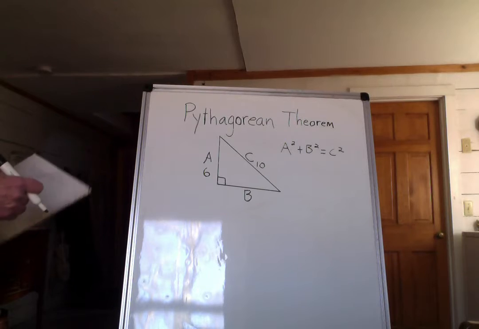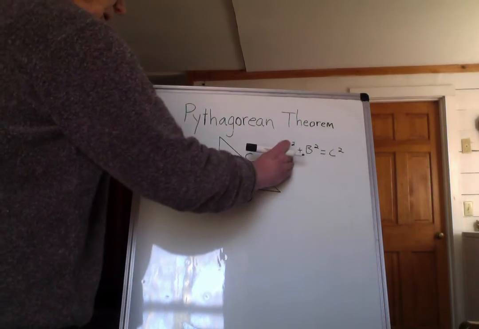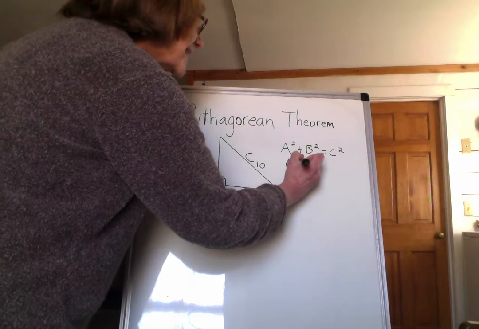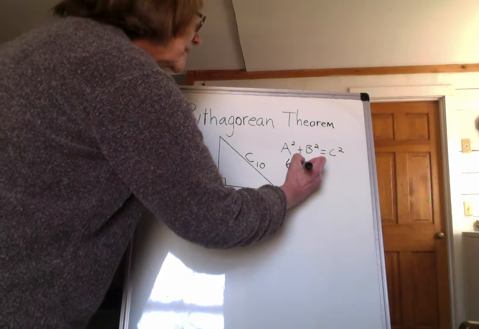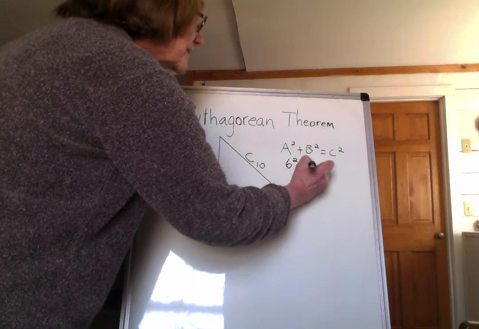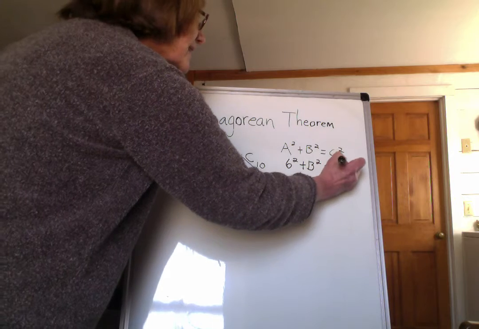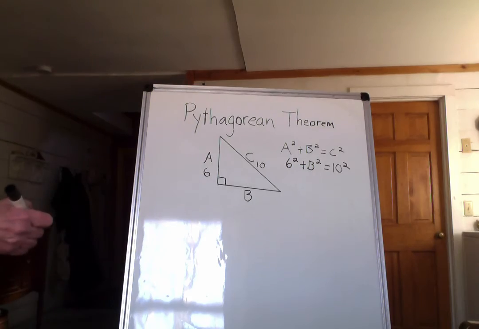So let's follow the formula. A squared, 6 squared, plus b squared, which we don't know, equals 10 squared. Yes?